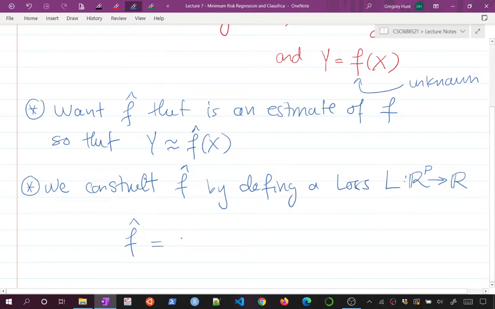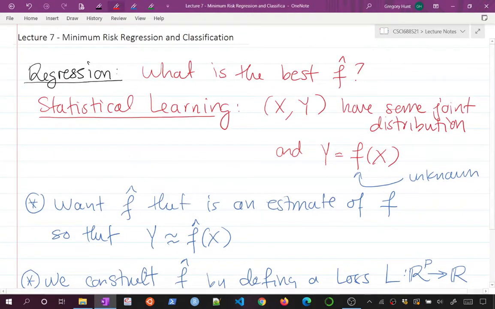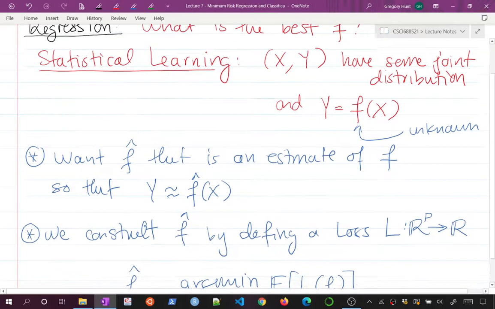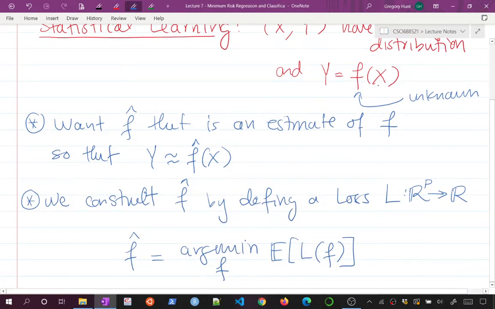And we choose f hat by minimizing over possible f's the risk, which we define as the expected loss of some candidate f. It should maybe be clarified here, there's two f's. There's the true underlying f, and then there's just the f that we're optimizing over.